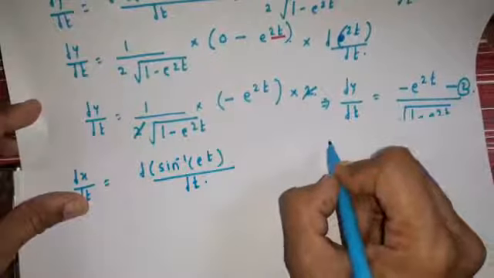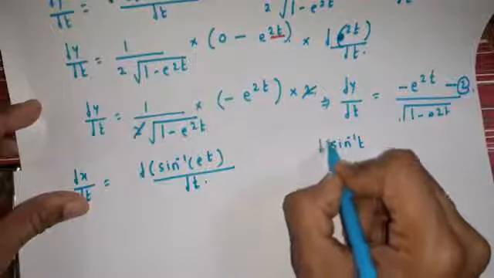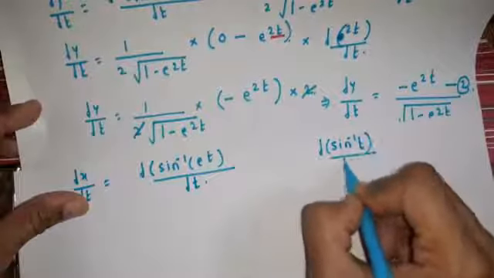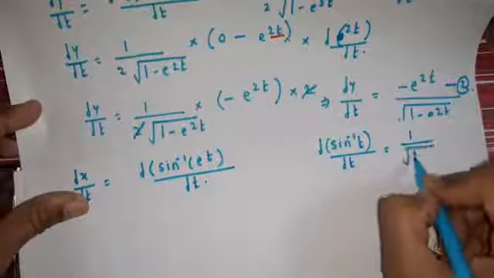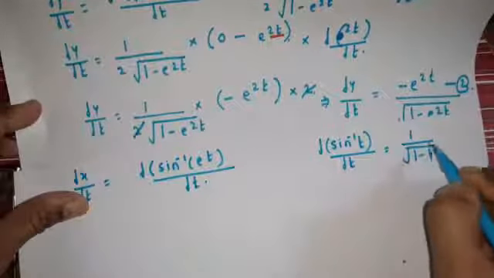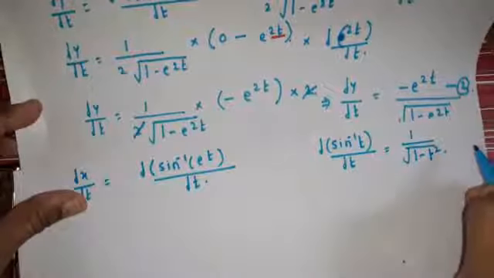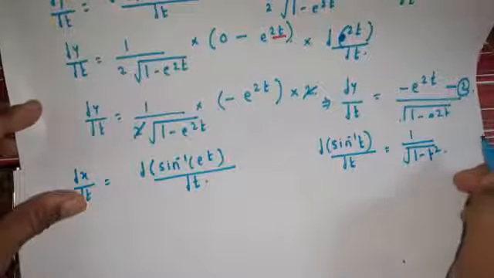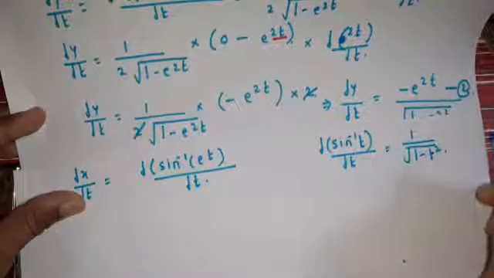What is the differentiation of sine inverse of t with respect to t? The formula is 1 upon square root of 1 minus t square. By using this formula we can find the differentiation.